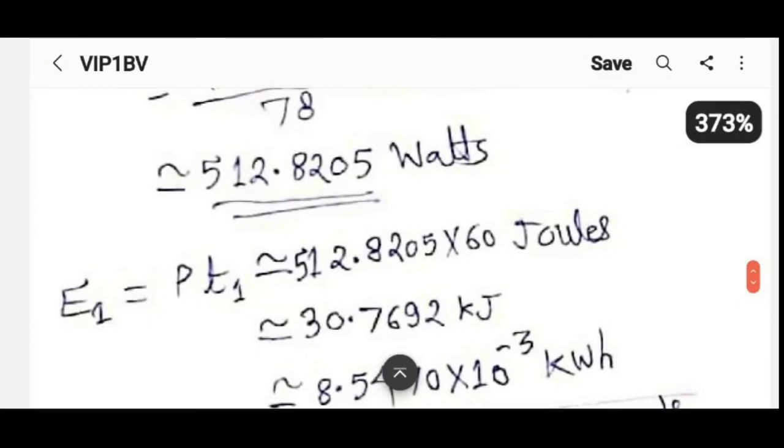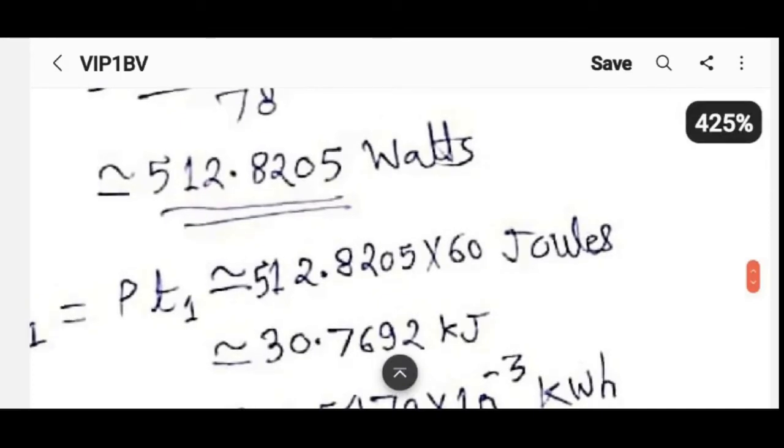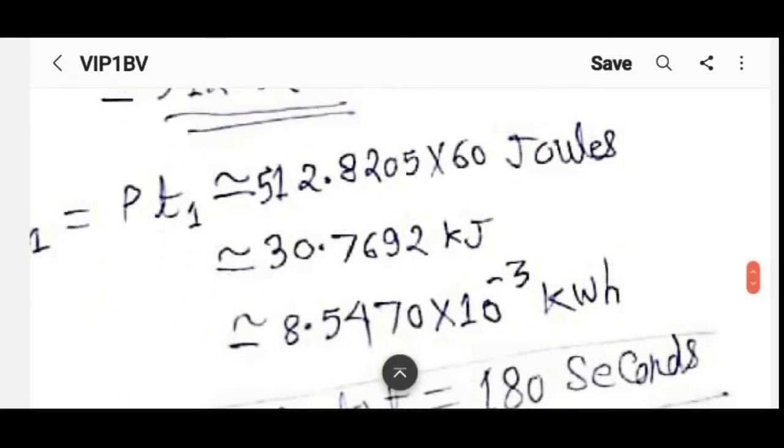E1, the energy consumed in interval 1, is calculated right here. And you can convert the answer into kilowatt hour using the conversion formula we have already derived. Check my calculations, of course.